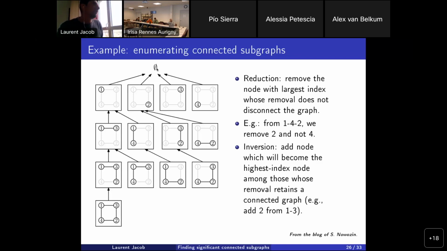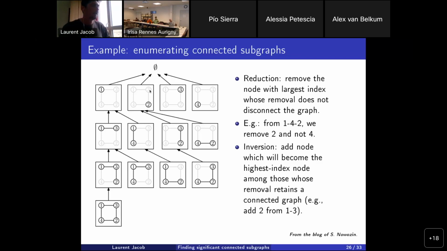And so if we want to explore, we will start from the root, and we'll need to invert the reduction. That is, saying what's the set of subgraphs which give the empty set by reduction. And the inversion is to add the node which will become the highest index node among those whose removal retains a connected graph. That's a bit complex because we wanted to retain connectivity by the reduction. We need to make sure that we take that into account when we invert.